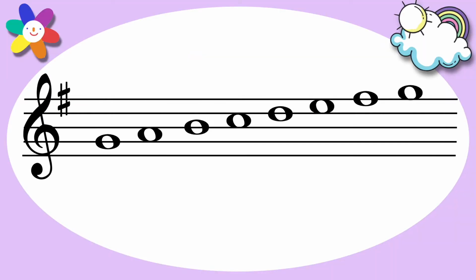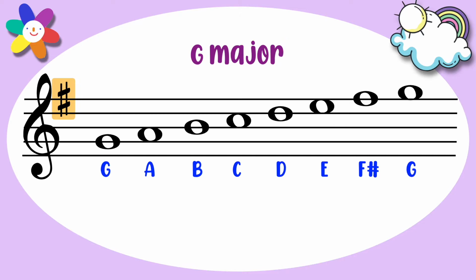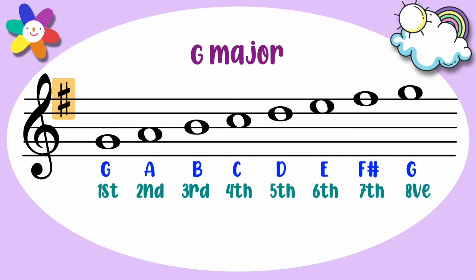Let's look at this scale in ascending order. G, A, B, C, D, E, F sharp, G. Look at the key signature, 1 sharp. This is your G major scale. Now label their scale degree in ascending order.